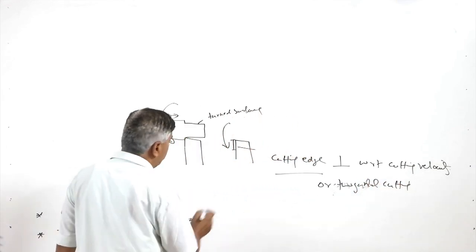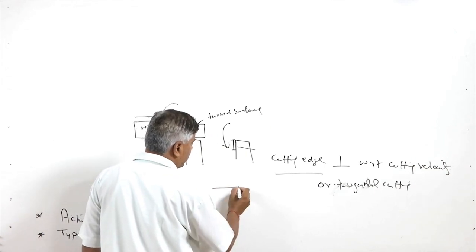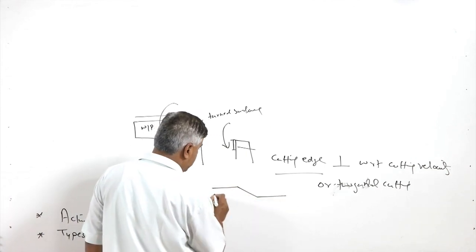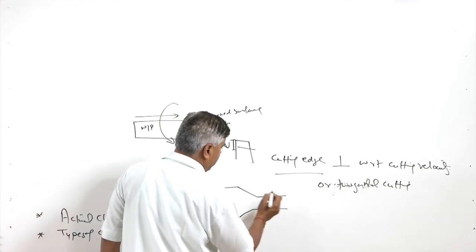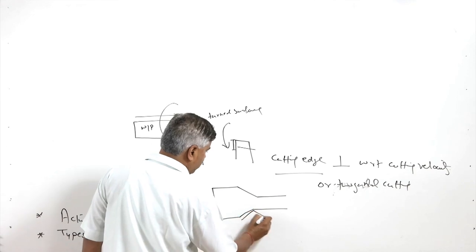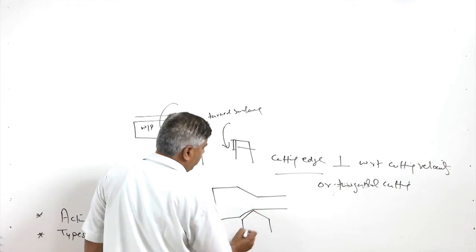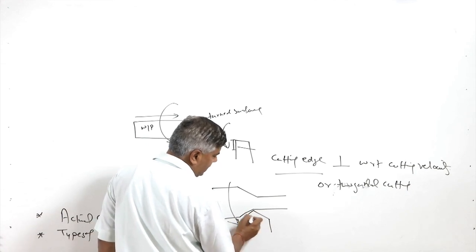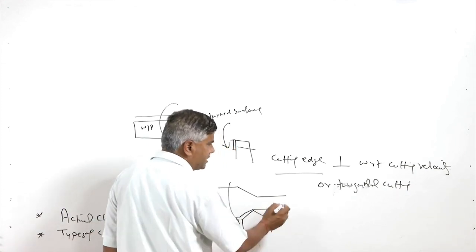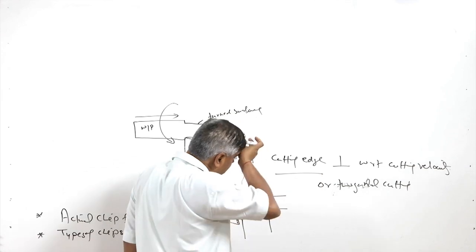While in another case, when the cutting edge is inclined at a certain angle like this with respect to the cutting velocity, that will be an example of oblique cutting.